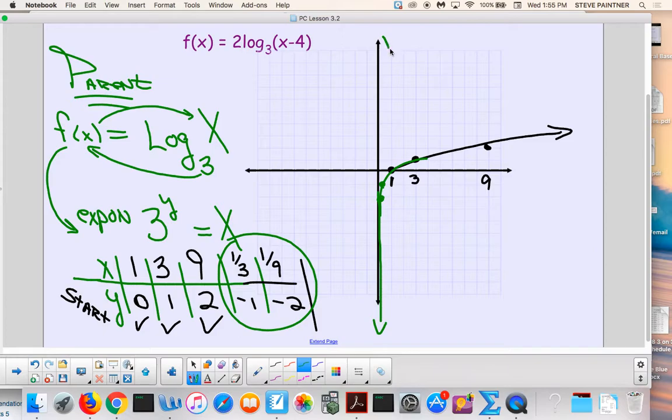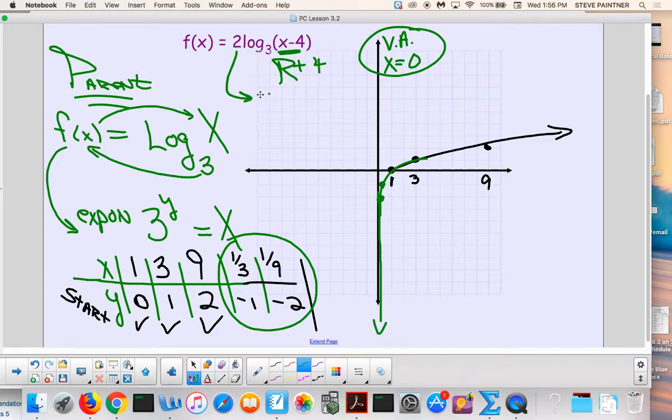That's known as your vertical asymptote of x equals 0. That's the graph of who? The parent. You're not done. You thought you were done? You're not done. What does this say to you? Right 4. Right 4. And then what? Stretch.